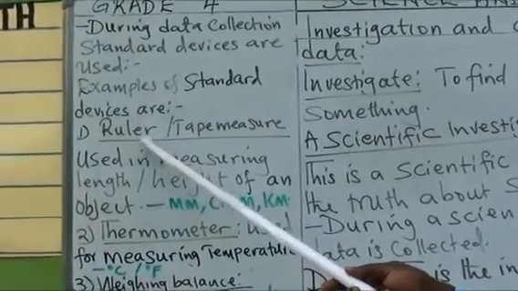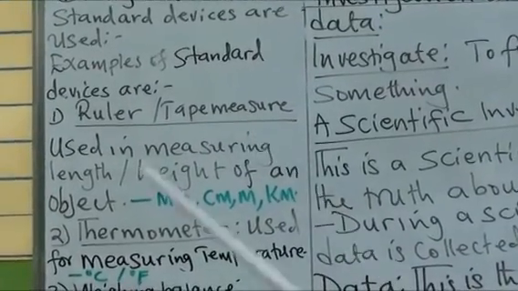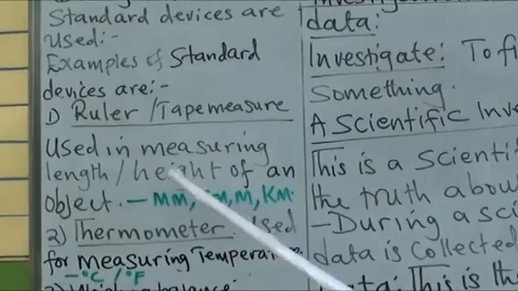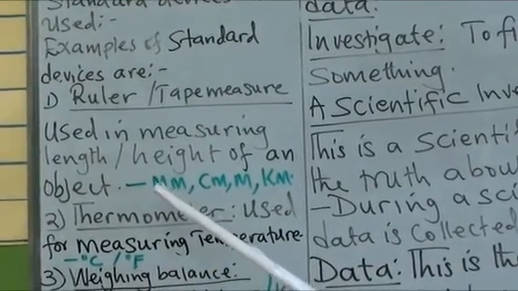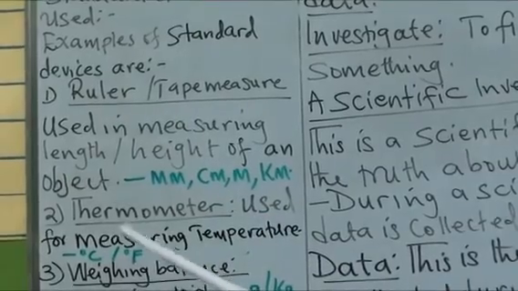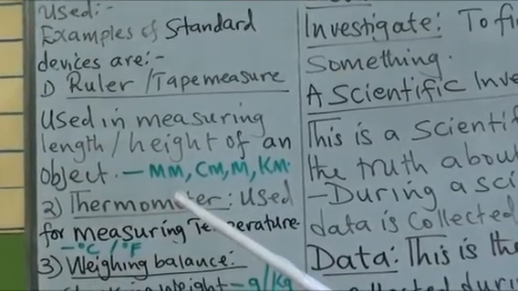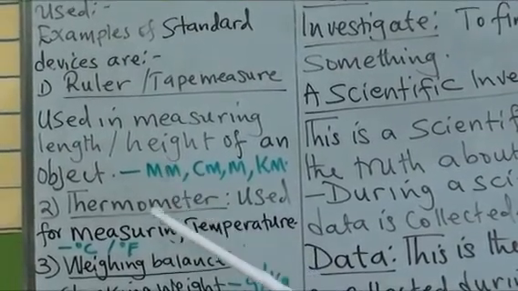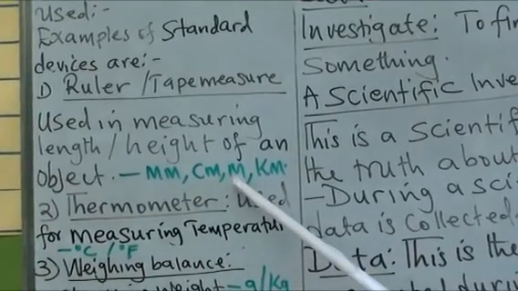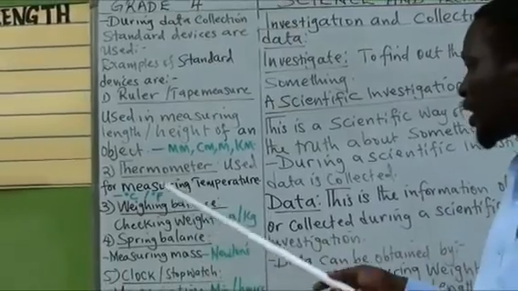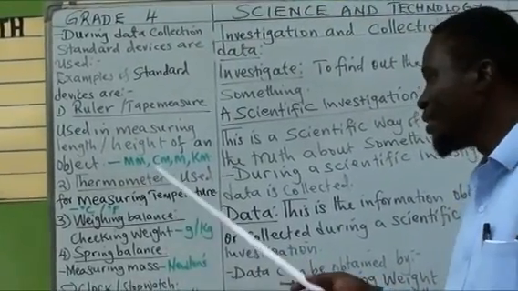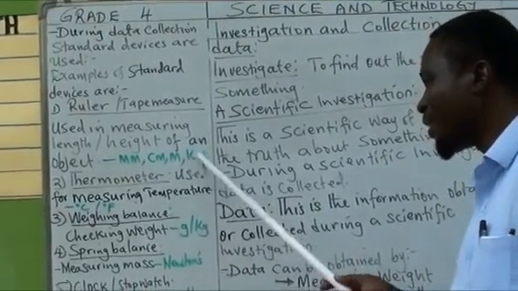Examples: we have the ruler or tape measure. This is used for measuring the height or length of an object. Height is measured in centimeters or meters, and length is measured in millimeters, centimeters, meters, and kilometers.